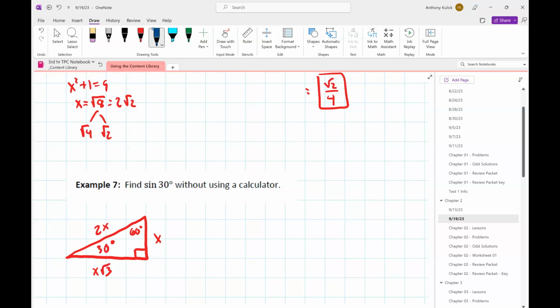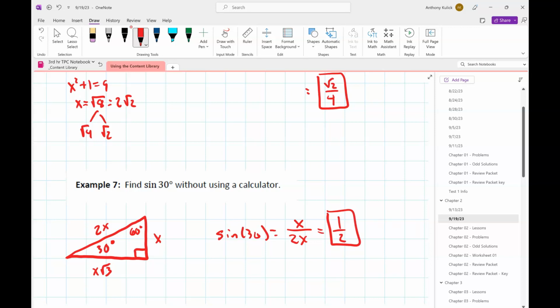So smallest opposite the smallest, 30 opposite 1, yep. 60 opposite the middle, 1.69, 90 opposite the big, 2. So if I have this then, sine of 30 is opposite over hypotenuse, which just reduces down to 1/2.